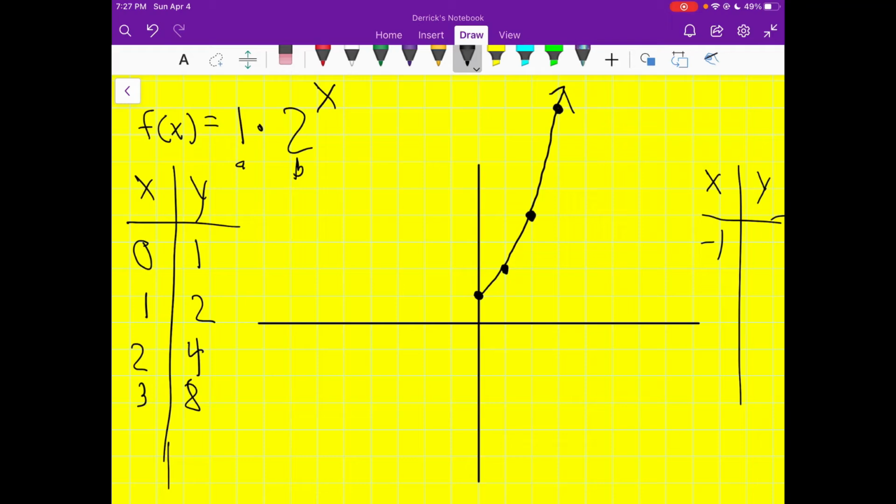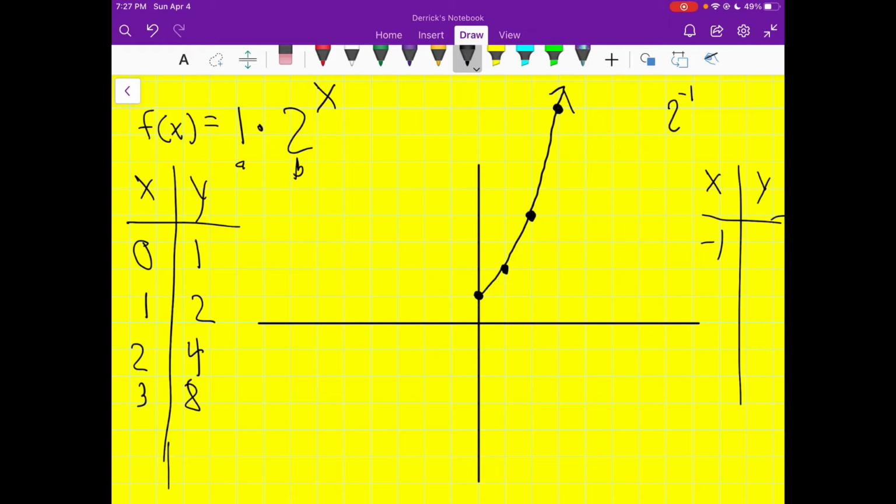If we plug in negative 1, that means we are being asked to take 2 to the negative first power. Well, again, this would require a little bit of remembering of your properties of exponents from the previous lessons.